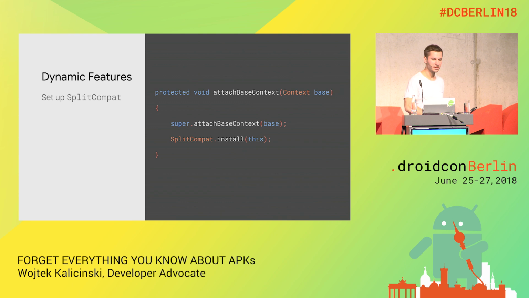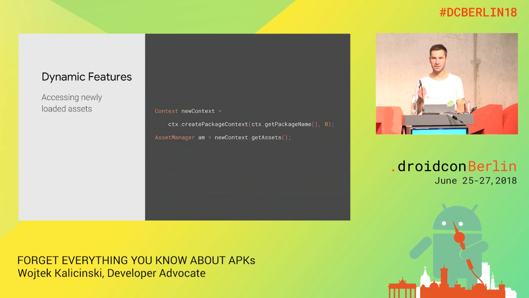And then once you load a dynamic feature, there are just a few rules that you have to observe in order to be able to access the resources and the code contained in that dynamic feature. For example, to load any new assets that are brought in with the APK that you just installed using the split install helper, you have to remember to always create a new context. Simply recreate a new context. From that, you can get an asset manager, and that asset manager will be aware of the new files that have been installed with the new split.